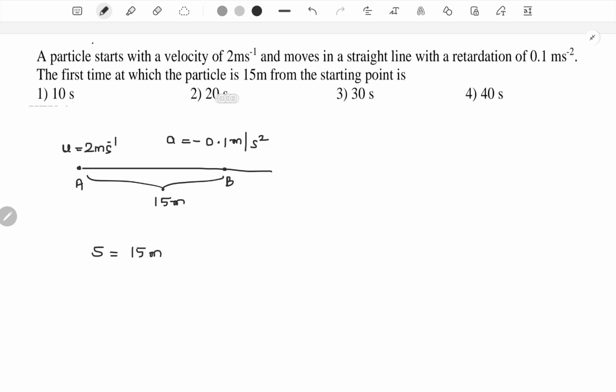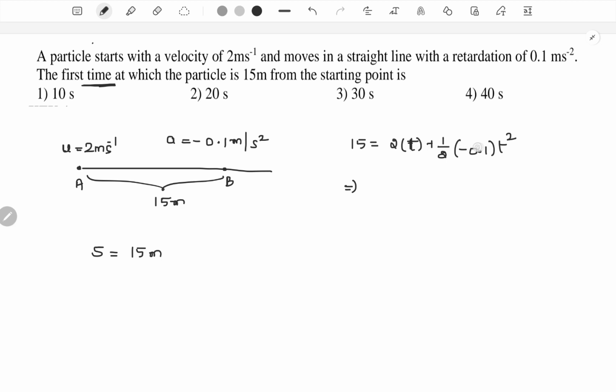Now the question is, the first time at which the particle is 15 meter from the starting point. I'll explain what they mean by the first time. Before that, let's proceed with some equations. We will use s is equal to ut plus half a t square in order to find that time.